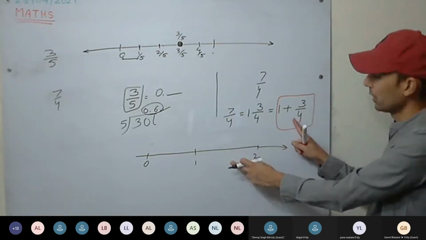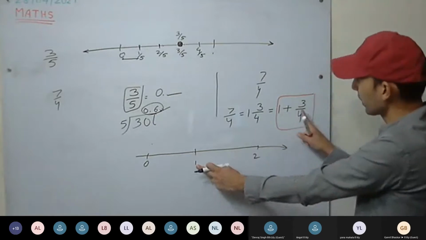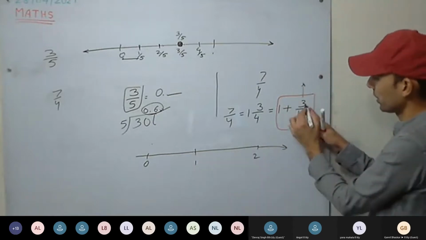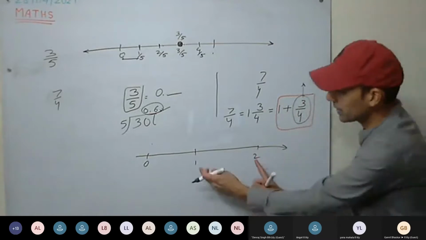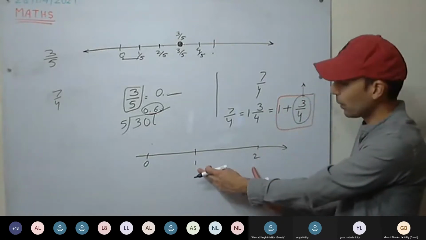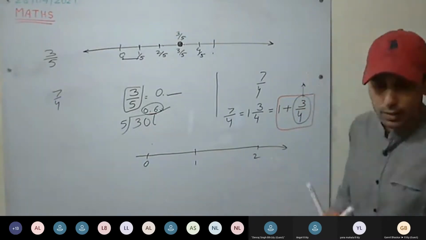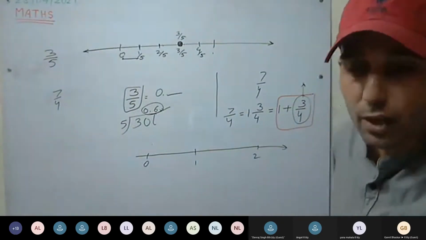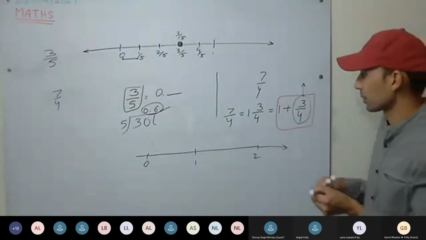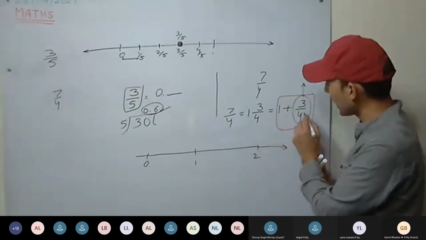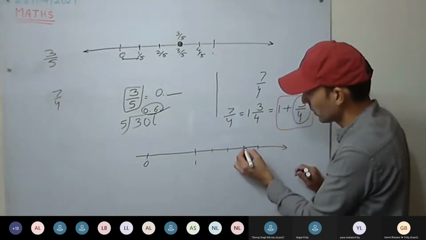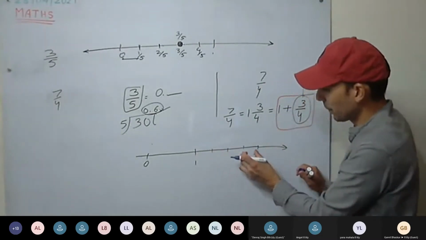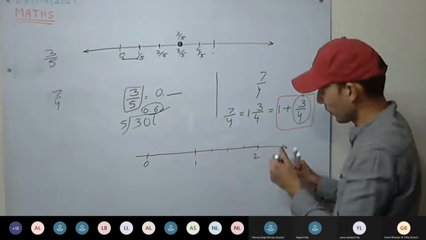So 1 we already did. Now 3 by 4 is remaining. This length we have to divide into how many parts? 4 parts. 3 by 4 it is, so 1, 2, 3 parts. Each part is equal to 1 by 4.